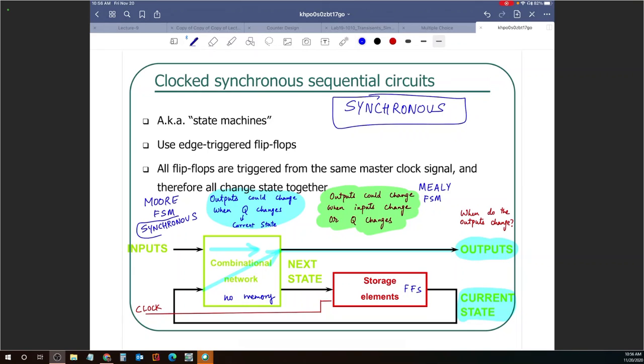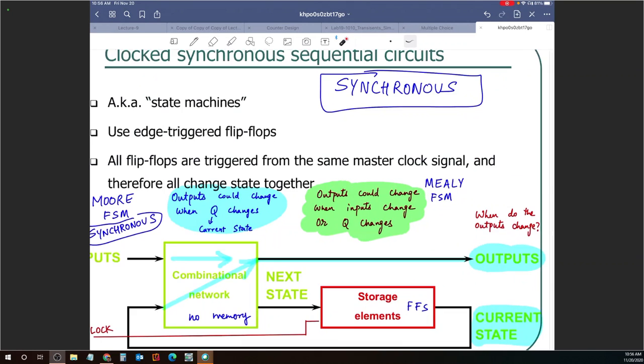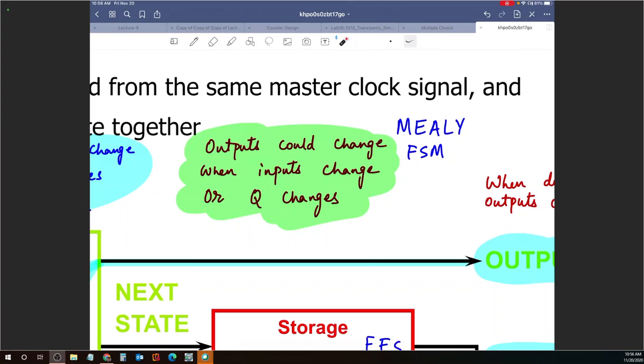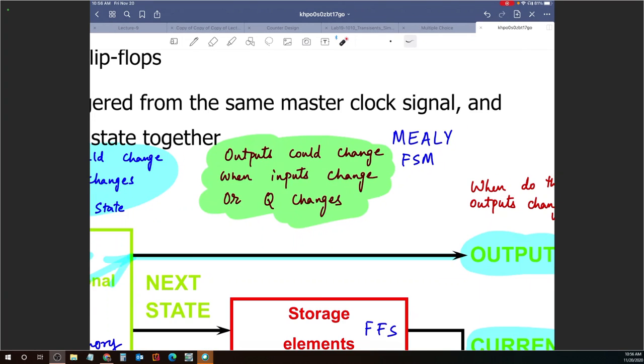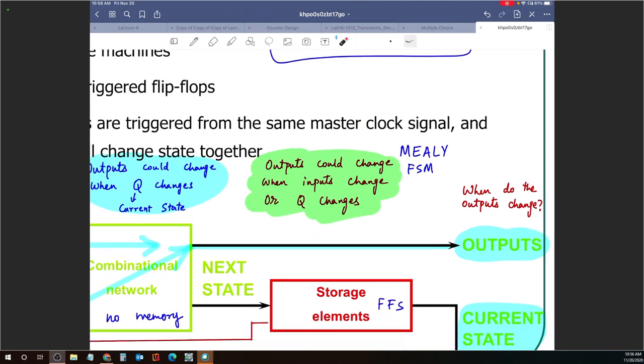Now let's talk about Mealy. In the Mealy finite state machine, is it synchronous or does it not qualify as synchronous, which means it is asynchronous? Now look at this. The outputs for a Mealy are not, because it breaks in one case.